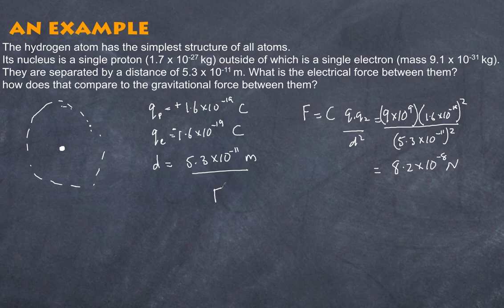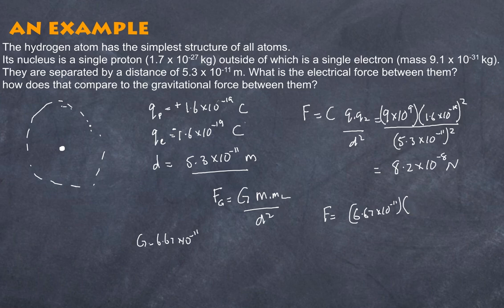The gravitational force between two objects is equal to G m1 m2 over d squared. Notice the format is very similar to Coulomb's law. We have a constant, and that constant is equal to 6.67 by 10 to the power of negative 11. Now we have the masses and the distance. If we substitute that in, we get 6.67 by 10 to the power of negative 11, there's my G constant.